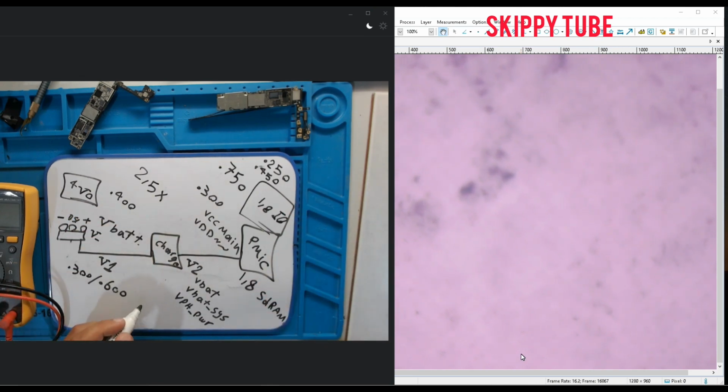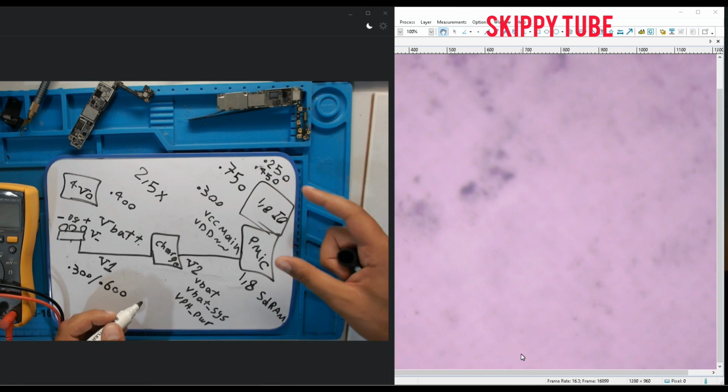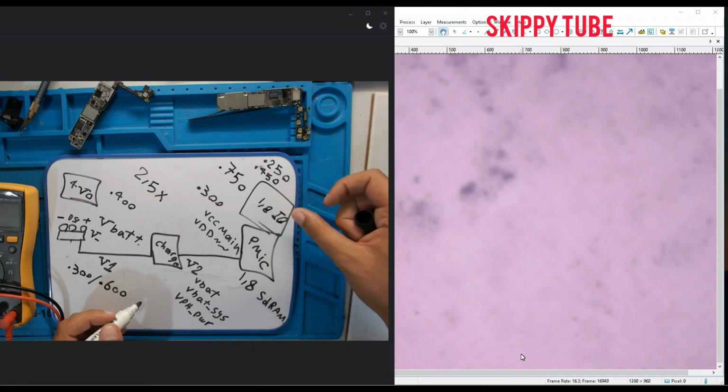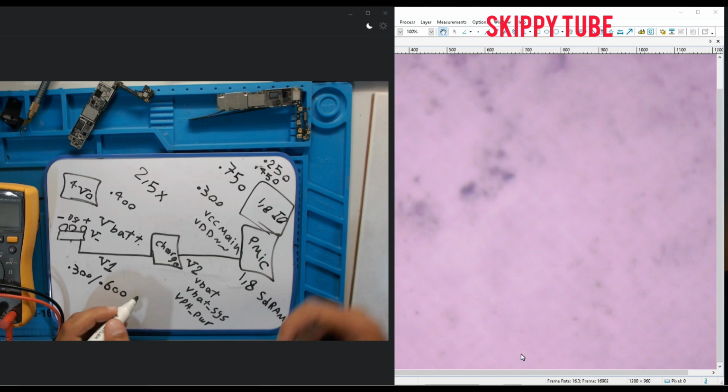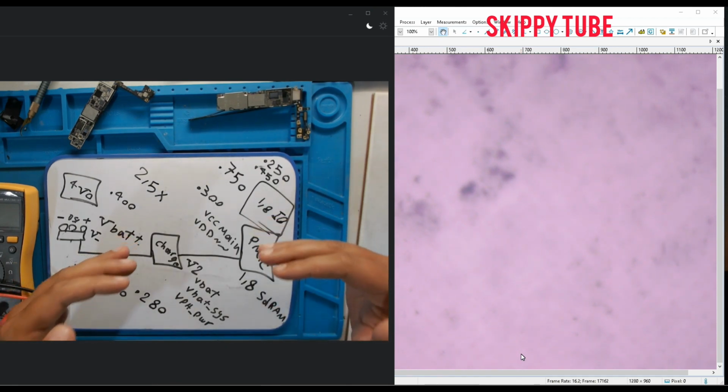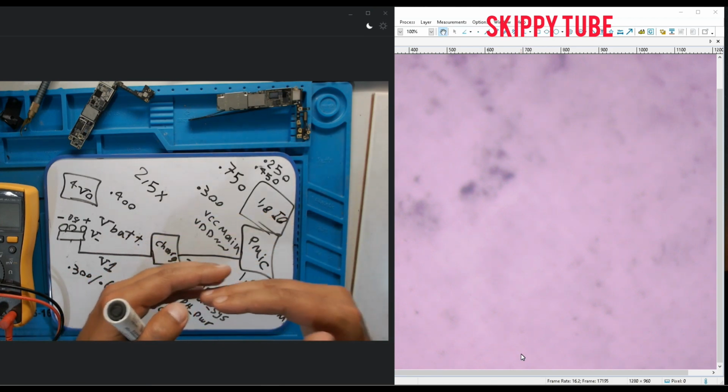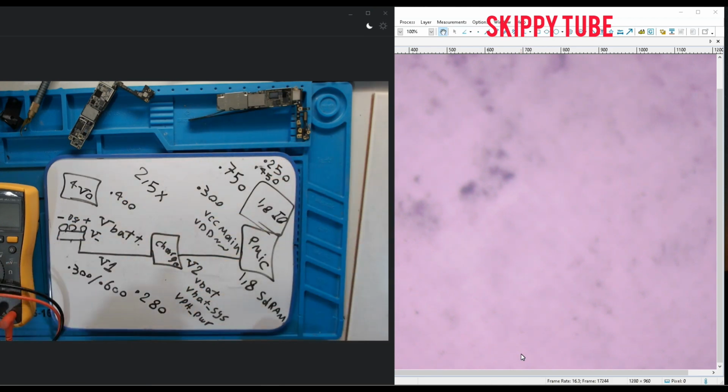For example, you check the 1.8 IO and the diode value shows, for example, 0.280. Okay. When you swap the cable and check the Skippy test, the Skippy test needs to show, for example, 0.610, 620, 0.700, 0.900. Doesn't matter, anything more than 600.